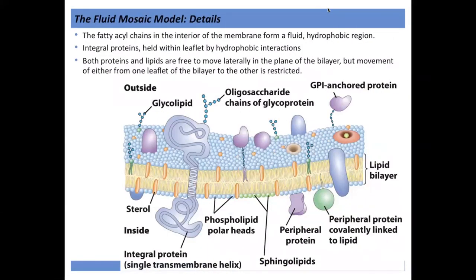So again, this fluid mosaic model means that within this membrane, we've got lots of stuff. And so those orange globules, those actually represent cholesterol. You can see the different ways that proteins can be incorporated. They can actually go across the membrane there. Those are the integral ones.